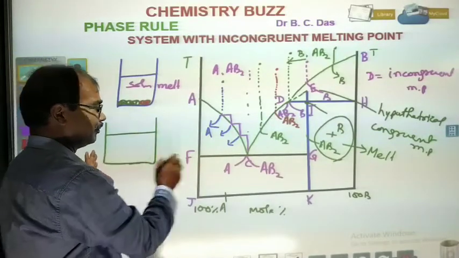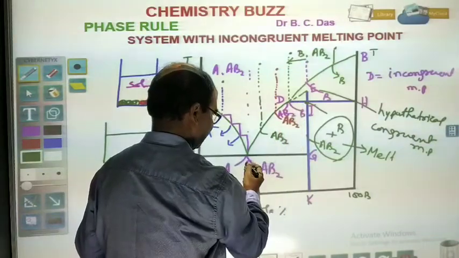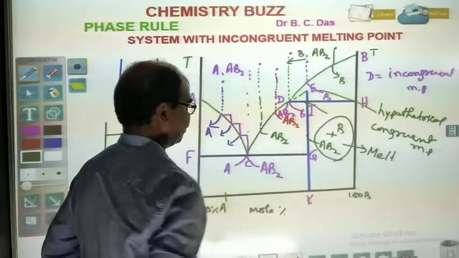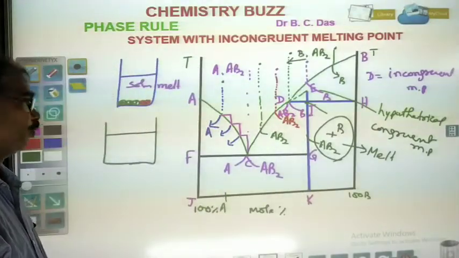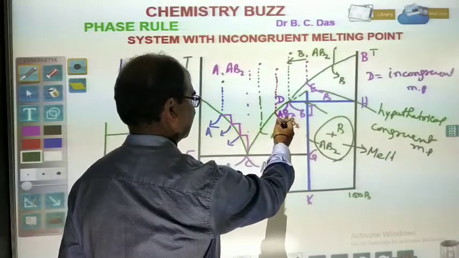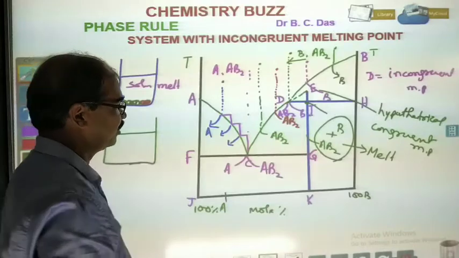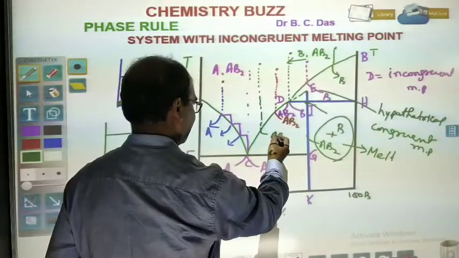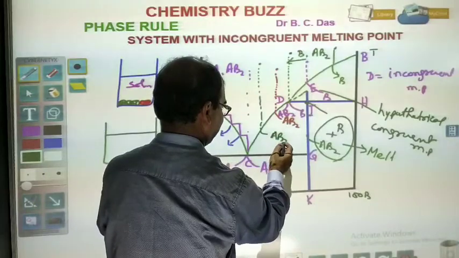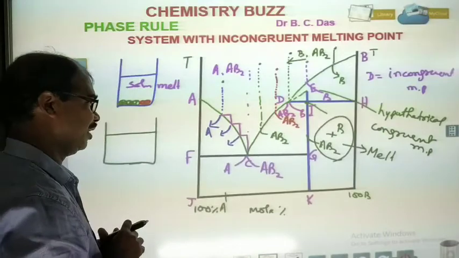So in this temperature range, friends, from D, C, G, I, in this region you will get only AB2. The AB2 dissociates before you attain the melting point. So in this region there is equilibrium with AB2 solid and melt containing A and AB2.